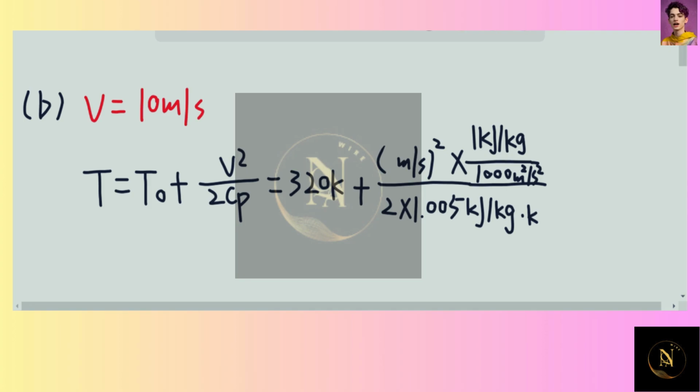This is 10 meters per second here. Okay, and this will give us a temperature of about 320.05 Kelvin. So now let's take a look at the third case.